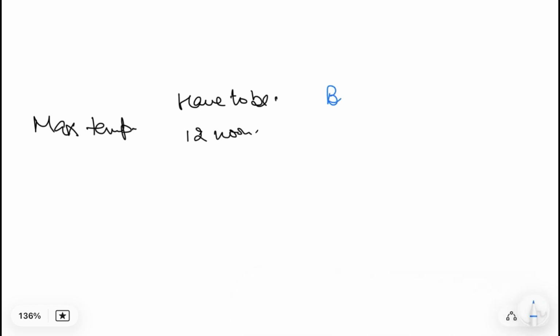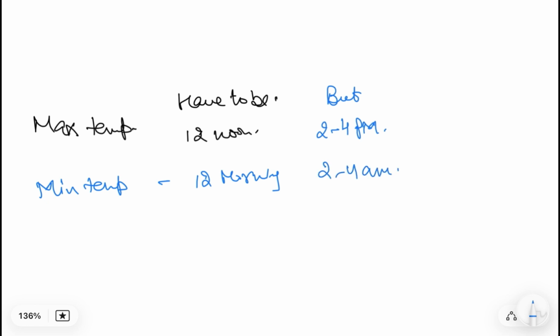But in actuality, at what time will we feel it? At 2 to 4 p.m. we will feel the maximum temperature, and the minimum temperature will be at 12 midnight, but we will feel it at 2 to 4 a.m.